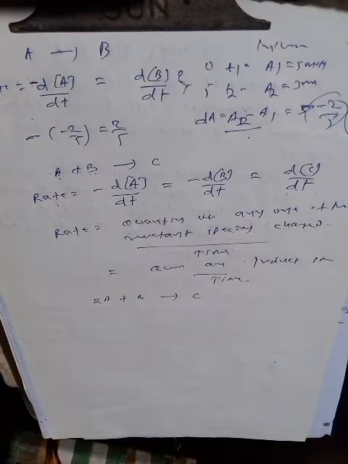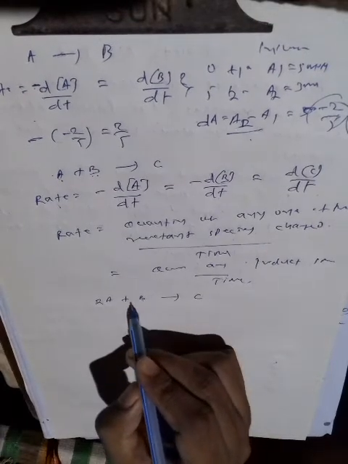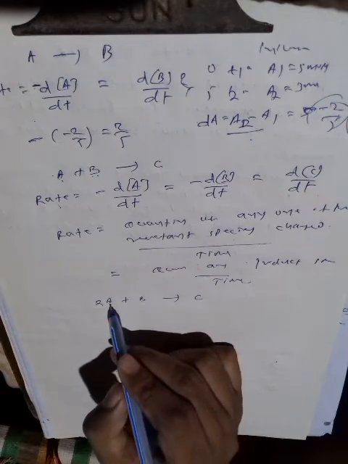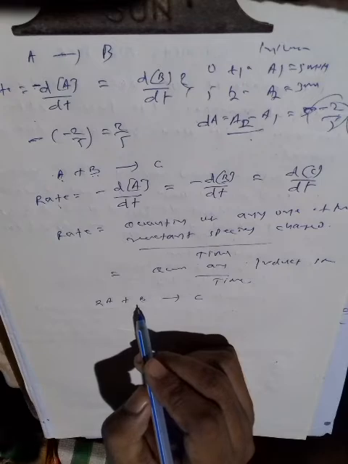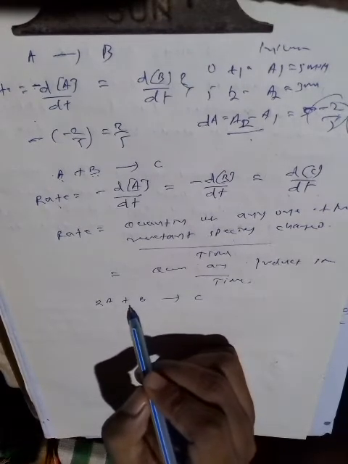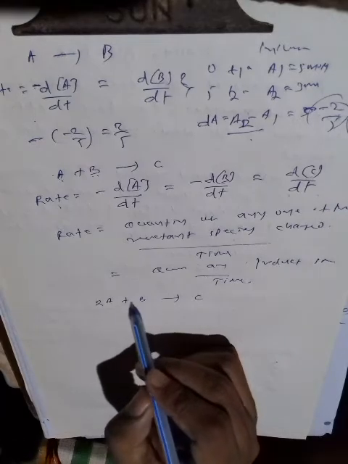Look here: 1 mole of B is reacted with 2 moles of A. So look at the reacting power: 2 moles of A is reacting with 1 mole of B.